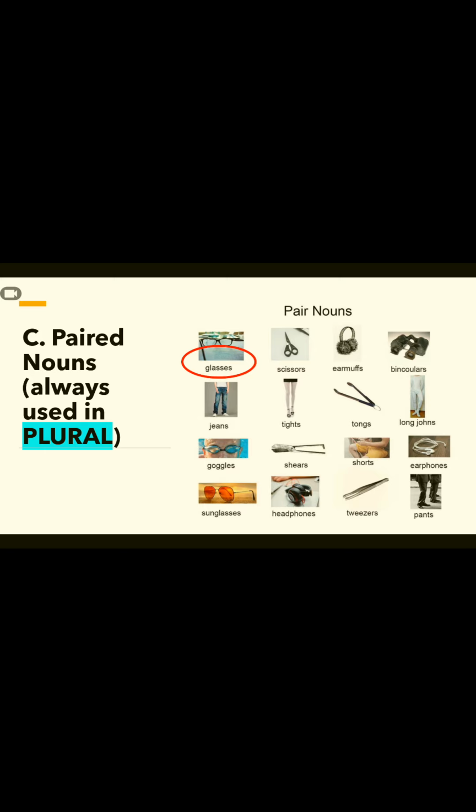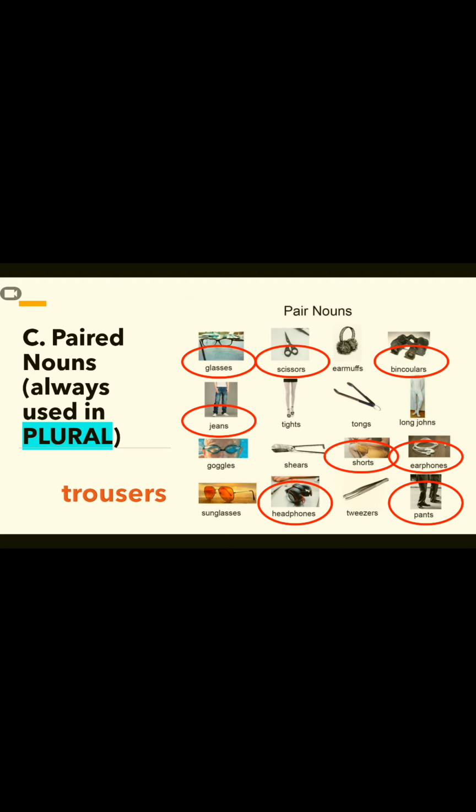Like on your worksheet, let's fill in glasses, scissors, binoculars, jeans, shorts, earphones, headphones, pants, and trousers. So all these nouns, you can see they end with S, and you should use them as plural.